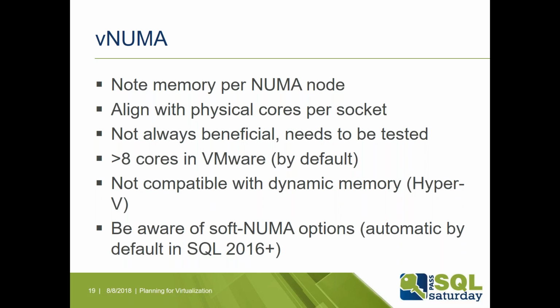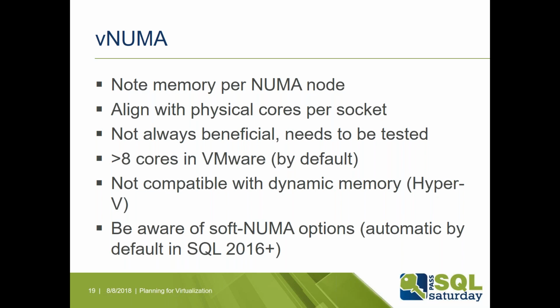Take note of the memory that's available per NUMA node as well, as this may influence the virtual NUMA configuration you create to present to the guest. But typically, you will be aligning with the physical cores per socket. So if you have eight physical cores per socket on your CPU, that's what you tell your guests that you have. And again, it's not always beneficial.